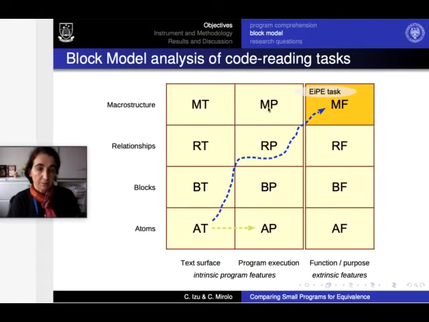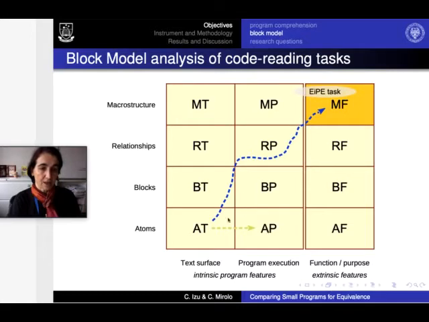Another task used by instructors is the explain in plain English task. In this case, we give our students a program so they can read the list of lines, and they have to interpret the purpose of the program. So in this case, we're working on the function or the purpose, and we're working at the top level.